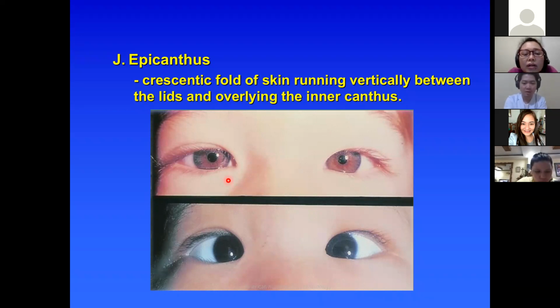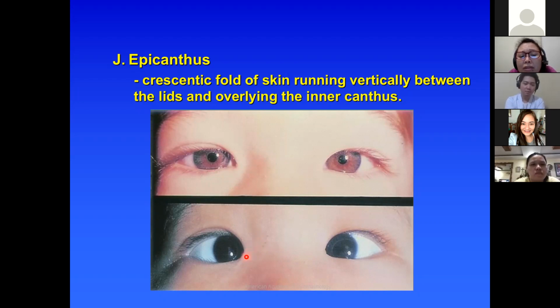You have to examine first if you can see the sclera there. Ito hindi mo naman nakikita yan. So this is just a fold of skin. Underneath this fold of skin is your medial canthus pa.